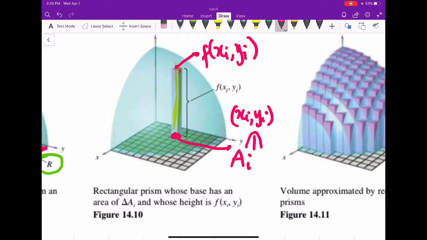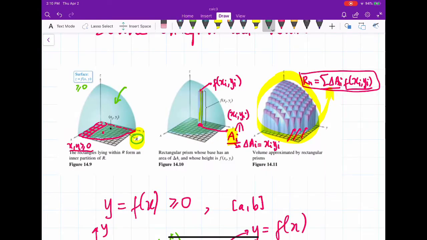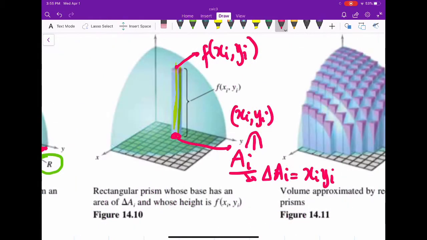They have the height of this rectangular prism. They have the area of A_i, because the area of A_i is just delta A_i. I have a mistake right here. Delta A_i should be delta xi times delta yi, okay? They can find the volume of this rectangular prism.